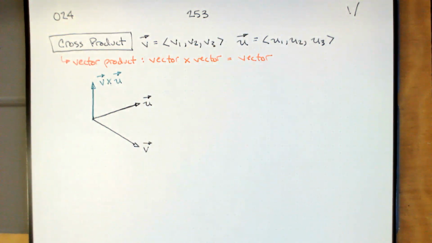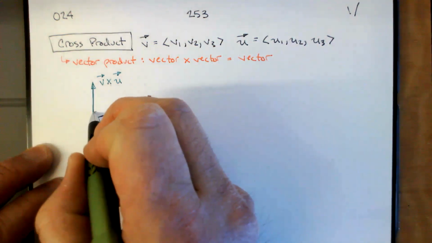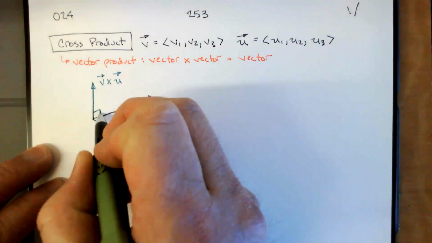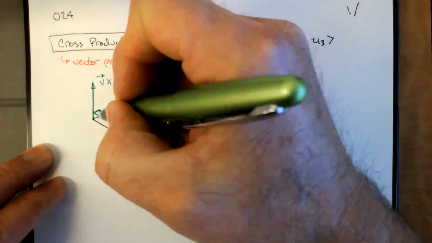V cross U is going to be a vector perpendicular to both V and U. So this V cross U is going to be perpendicular to U and perpendicular to V.